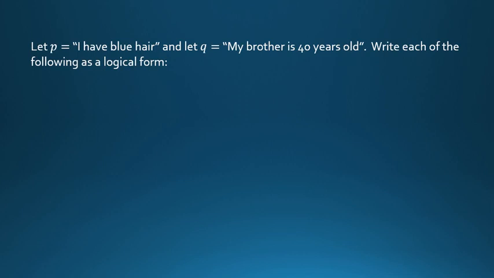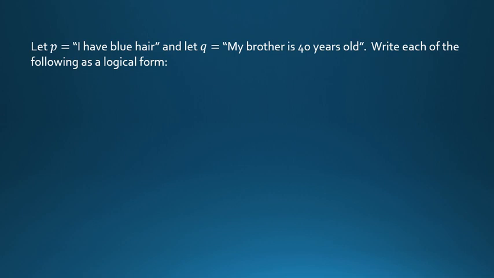So it's going to be important to be able to take a given sentence and write it in its logical form using letters and logical connectors, as well as vice versa. Taking a logical form given to you in letters and connectors and writing it as a sentence.